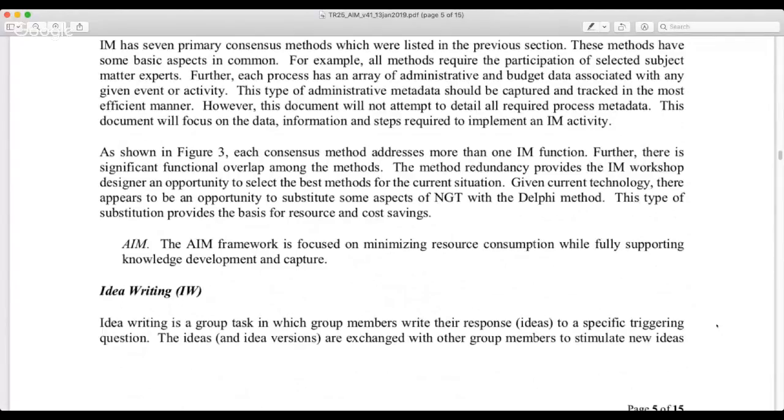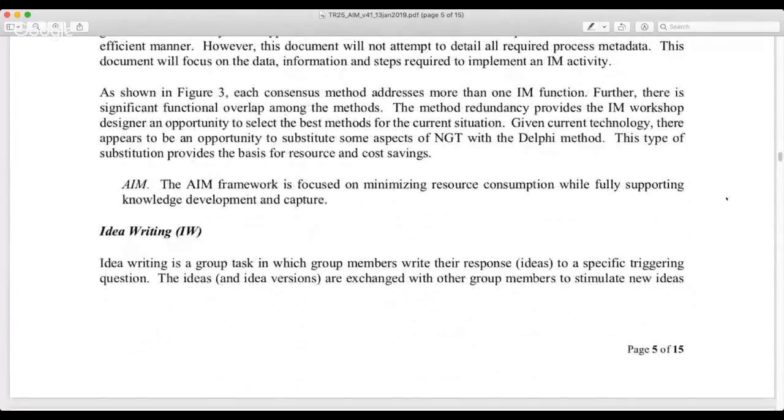And so the AIM framework augments the IM framework by focusing on minimizing resource consumption while fully supporting knowledge development and capture, so that we would now start applying software functions and network systems to increase efficiency in ways that are in addition to the computer logic.